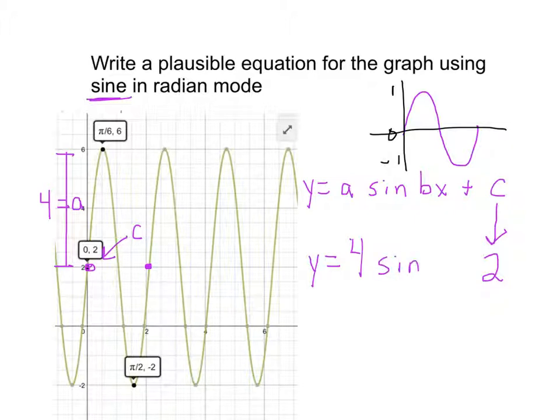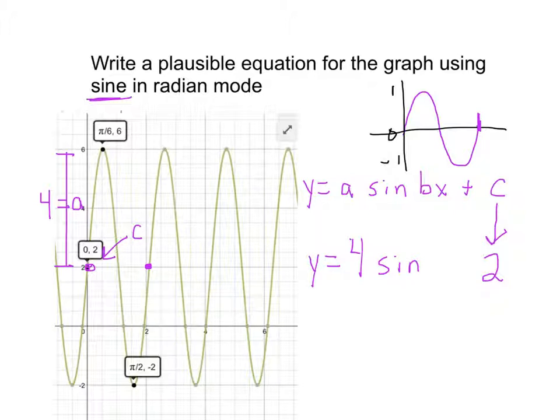The last thing to look at is our period. So typically a sine graph in radian mode, where does that end right there? Or in degree mode. We're using radians, but sometimes you think better in degree mode.